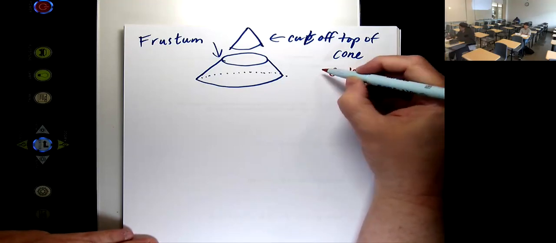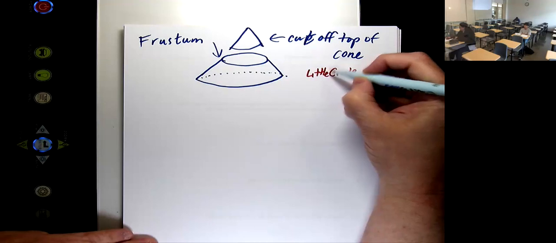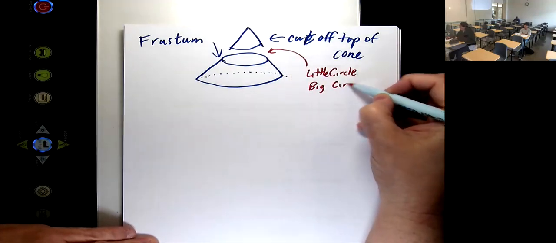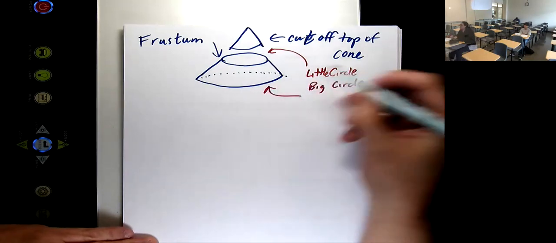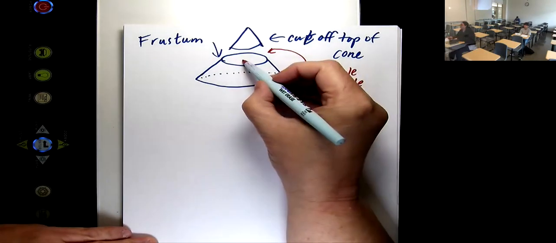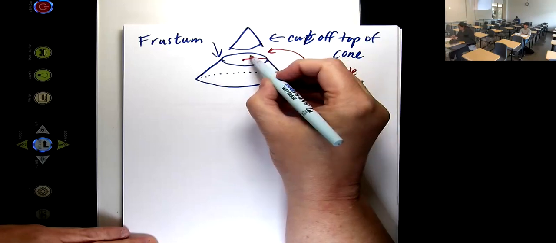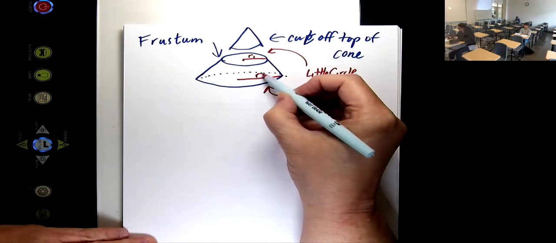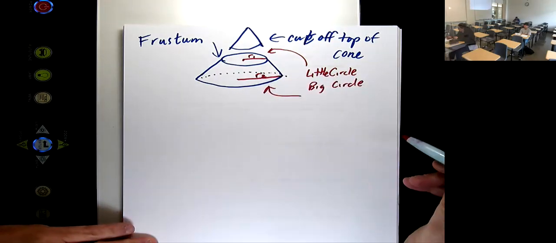So I've got a little circle on top and a big circle on bottom. Since we have circles, I've got R1 and R2.